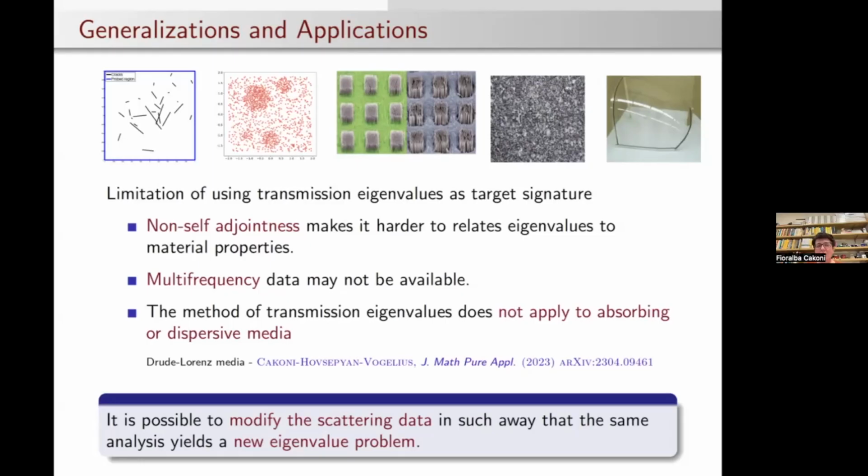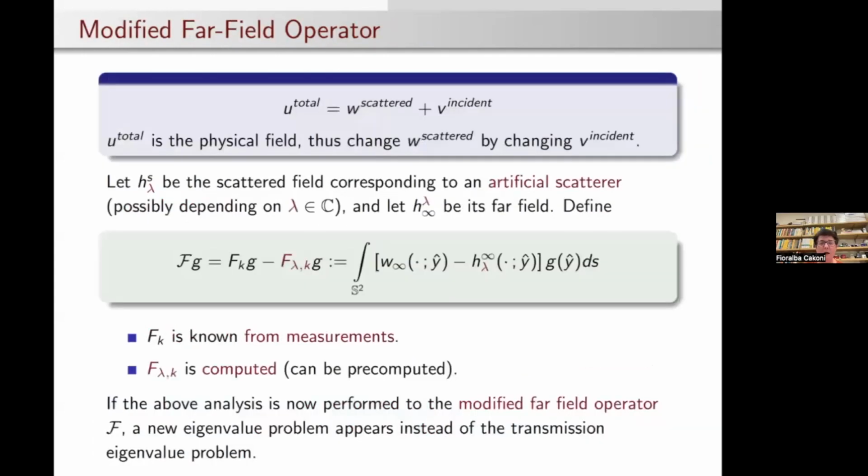And these new eigenvalue problems, from the perspective of spectral theory, bring up a lot of nice questions. But from a practical point of view, you can handle dispersive media, you can avoid multi-frequency data that you need to determine transmission eigenvalues and so on. Okay, and here is the idea, and I'll stop there.